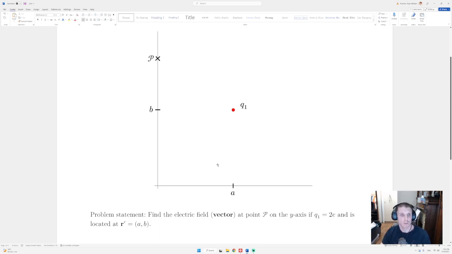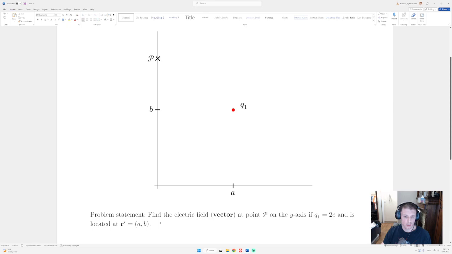But we're concerned with this. So this R prime, just to stress this, is the vector that takes us from the origin to where the source charge is.